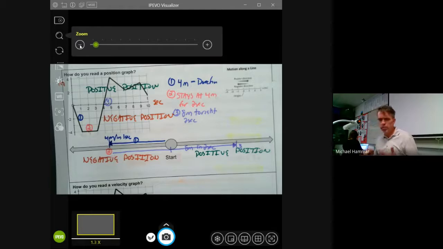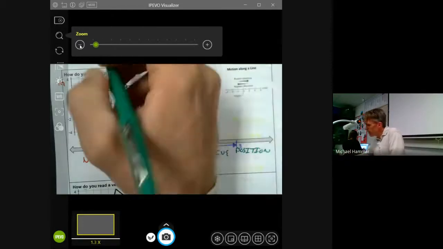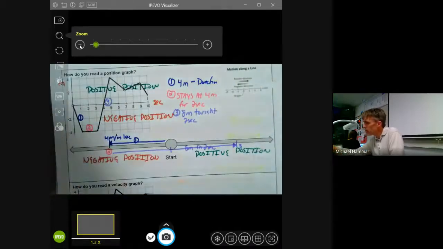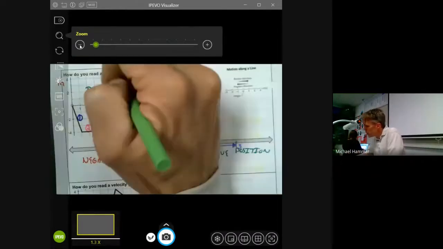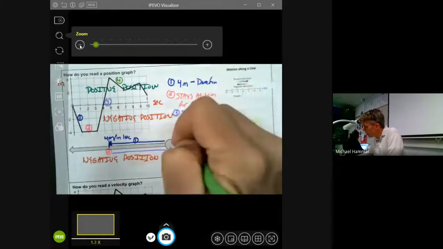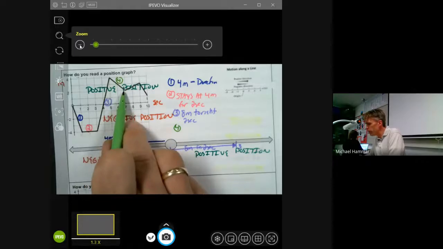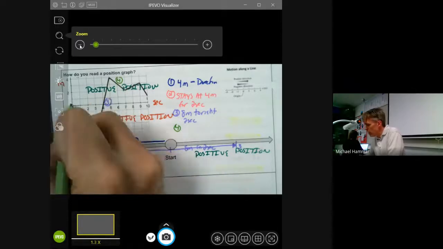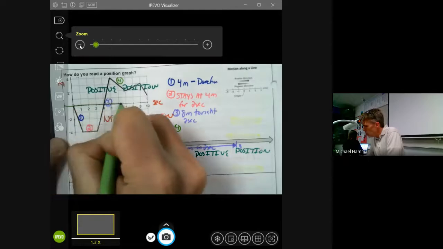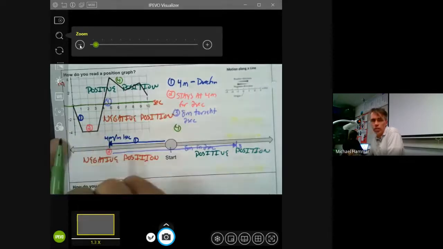Now, we start doing some weird things in the next sections. So I'm going to use the lighter green. So let's call this step 4. What is going on in step 4? Well, notice your position is changing. You are moving closer to your start line. This always represents the start of where you are.